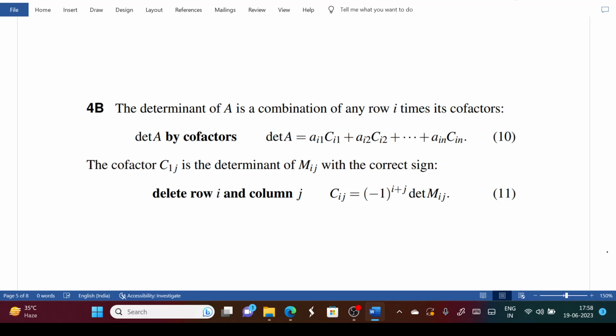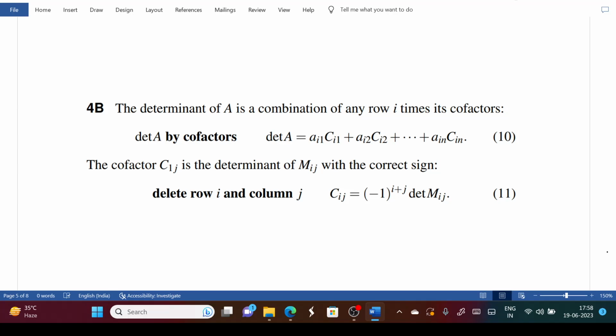Determinant is a combination of any row i times its cofactor. That means observe here the ith row element and its cofactor plus the second element of the ith row and its cofactor. So any row you select, you take the element and its cofactor.